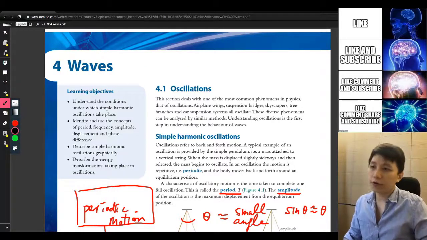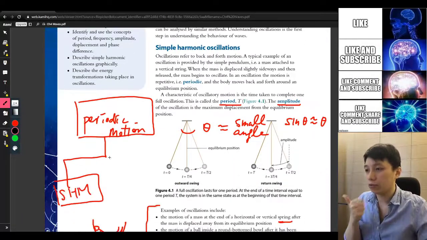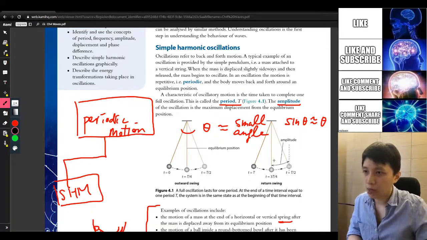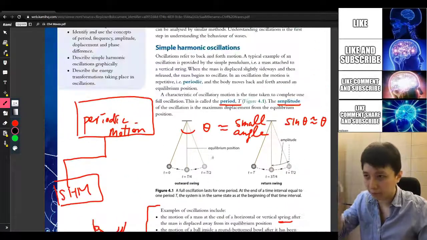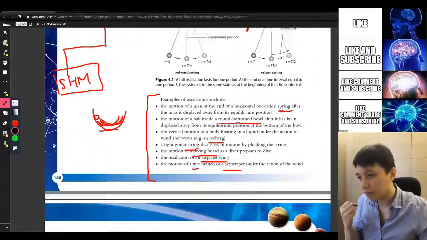In this video you have learned about the idea of oscillation first of all, and you should know that simple harmonic motion is a subset of oscillation or periodic motion. Some examples of periodic motion include the pendulum, which when it is small angle is SHM.